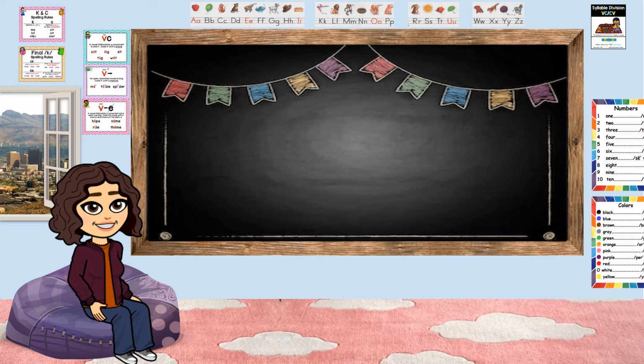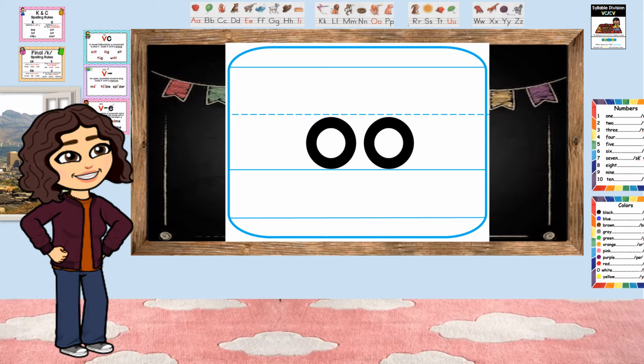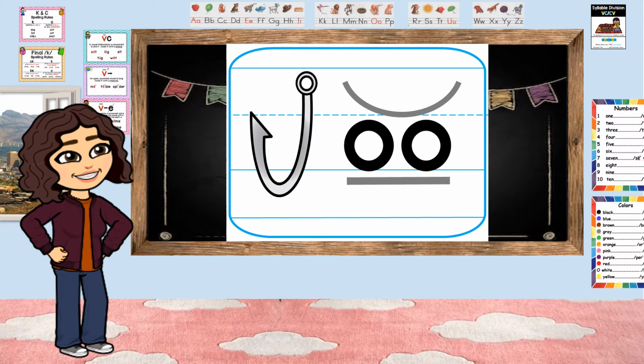So today we've learned about another new digraph. So when we see this card, we're going to say digraph OO. And to remind us what sound digraph OO makes, we have the keyword hook. So when we see this card, we're going to go hook.